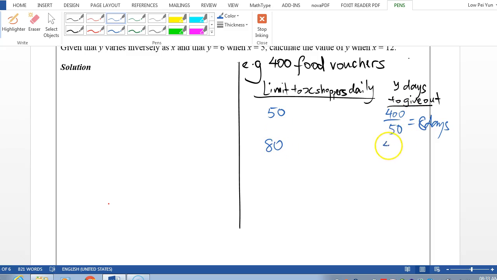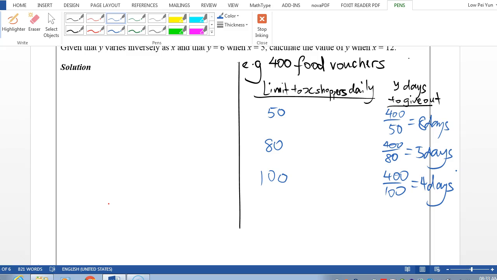Then I'm going to take 400 divided by 80, and the vouchers can last fewer than 8, a total of 5 days. And what if I increase the number of vouchers to be given out daily to 100? Then I'll take 400 divided by 100, and then the vouchers can only last a total of 4 days.